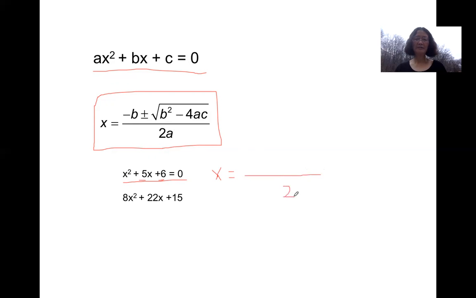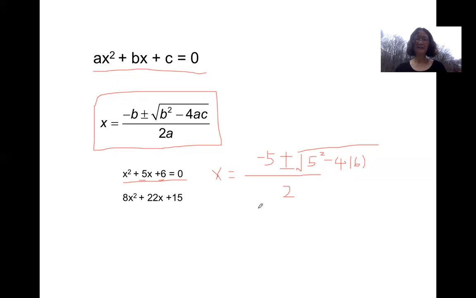2a, a equal to 1, negative b, negative 5, plus minus square root of b squared, which is 5 squared, minus 4 multiplied by a, which is 1, then c, which is 6.